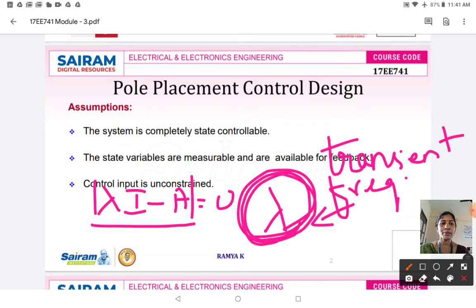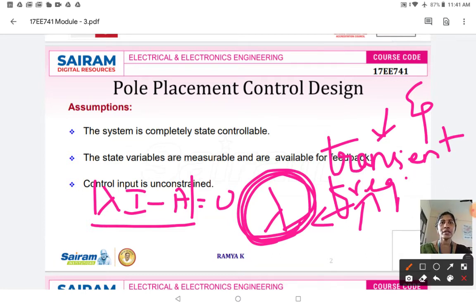Why? Because based on your transient response and frequency response, factors such as damping ratio, speed, bandwidth, etc. have to be considered for the steady state requirement. So all these points need to be remembered when we are designing this pole placement technique.